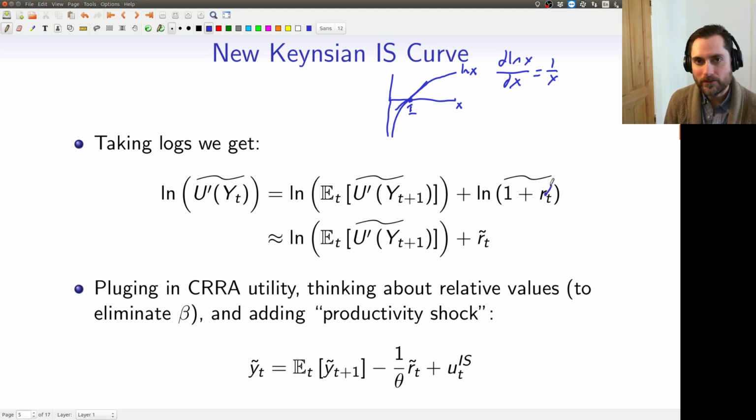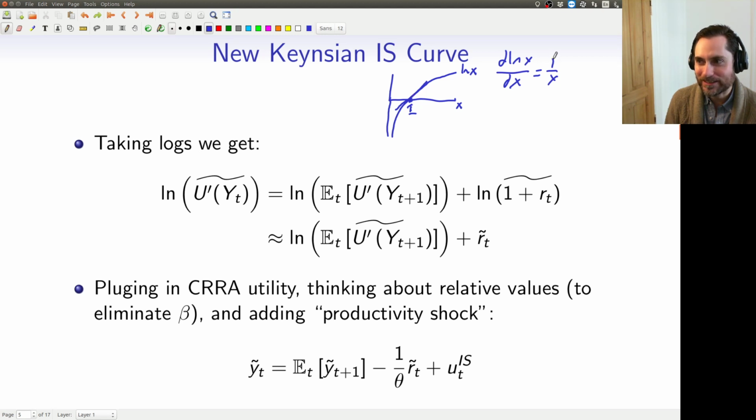So for small values of an interest rate, where 1 plus r is very close to 1, then because of this slope property, we know that the value of this log is approximately r_t. It's kind of a cool thing, because the log of 1 is 0, right?